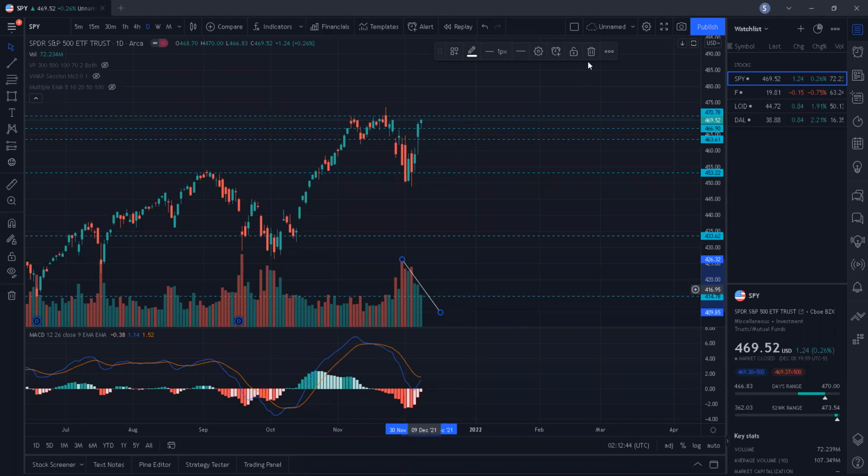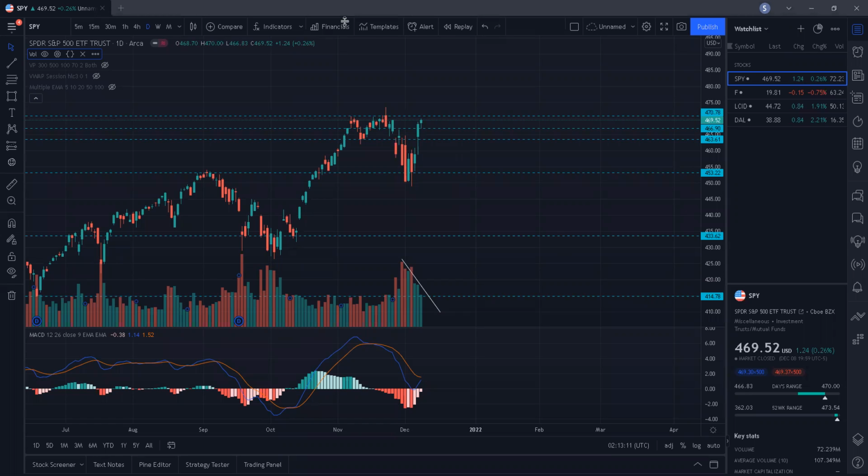Whenever we're analyzing this type of volume, we're looking at the volume that's been traded within a specific time period. So today, this is the amount of volume that's being traded.